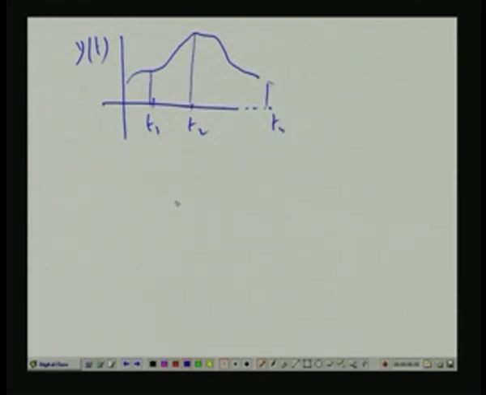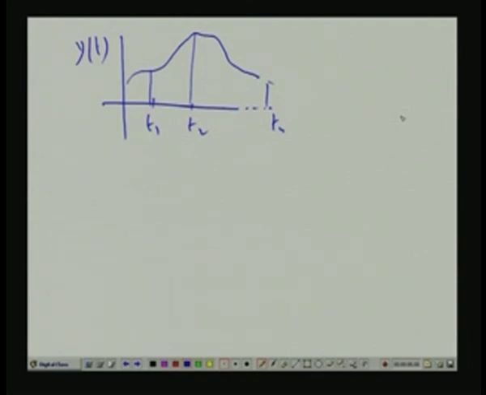You will find the joint statistics, the joint probability density or distribution, anyone will do, for the samples of y at these values t_1, t_2, and so on. If that joint density does not undergo any change when a constant shift is given to all these time points, that is, instead of t_1 I go to t_1 plus c, t_2 plus c, t_n plus c, and we still get the same joint probability statistics, then by the definition it is strict sense stationary.